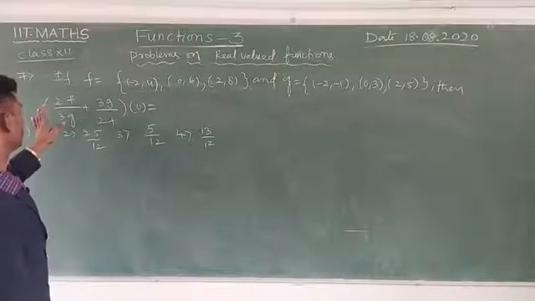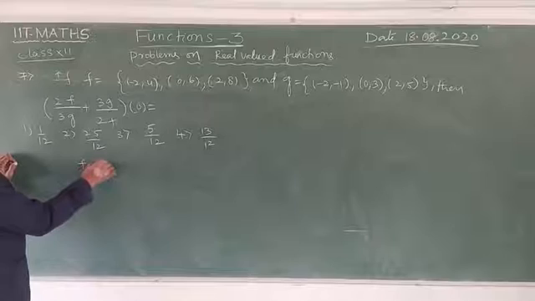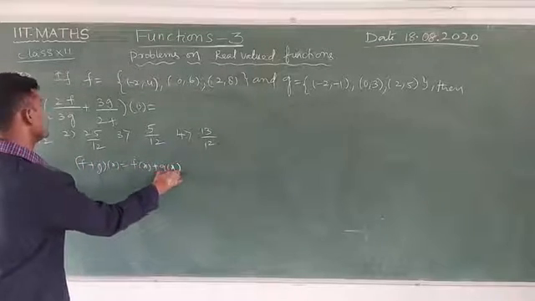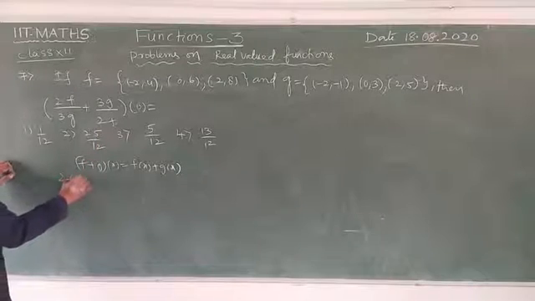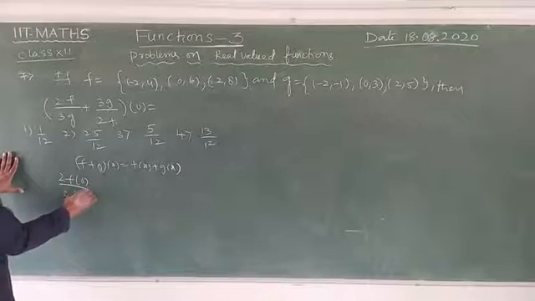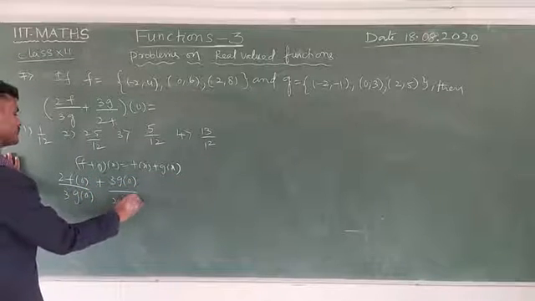Now we know the properties of real variable functions: f plus g of x is equal to f of x plus g of x. Now see here, 2 f of 0 by 3 g of 0 plus 3 g of 0 by 2 f of 0.